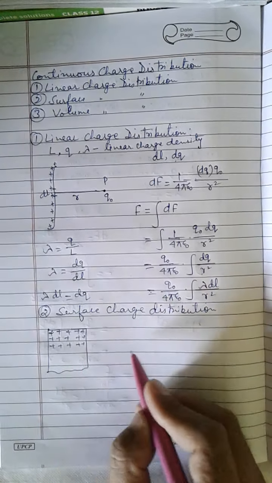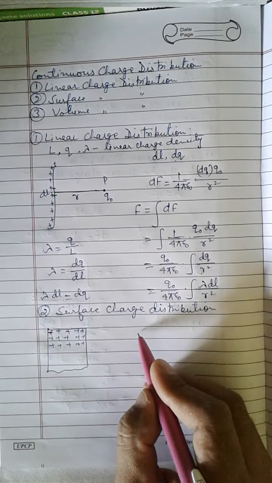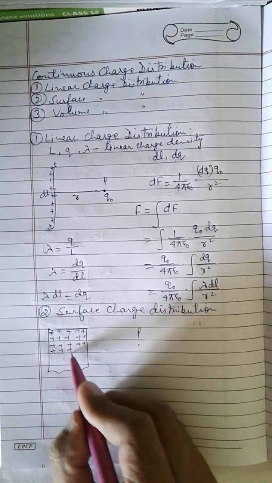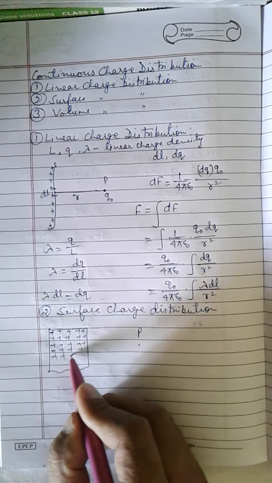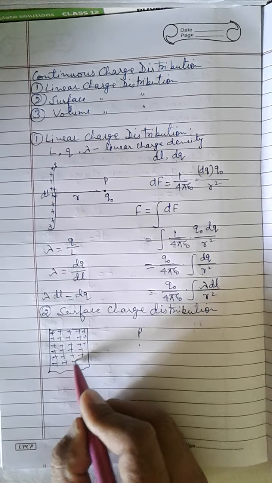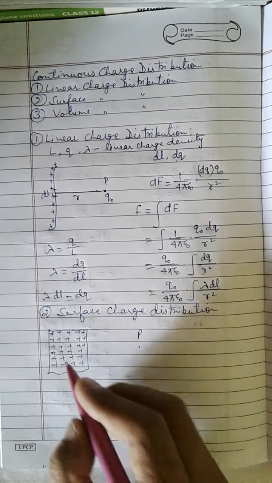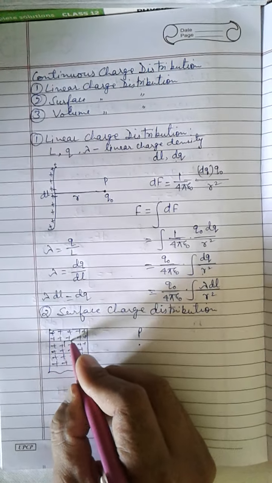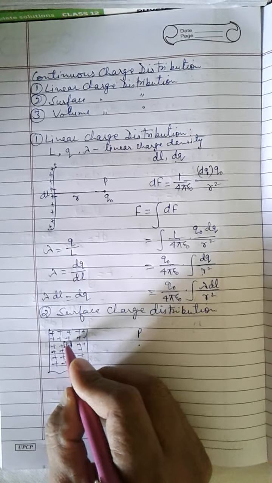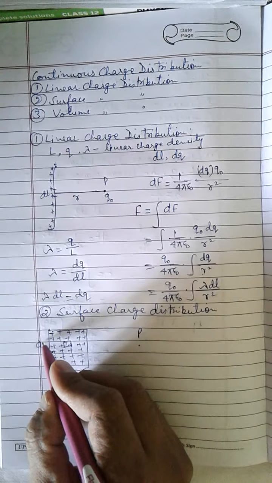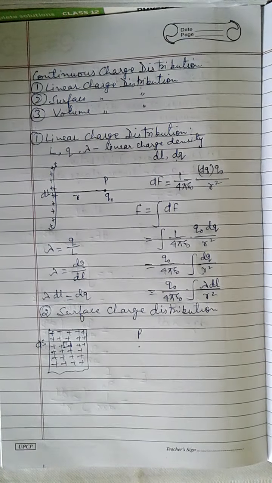Then we want to find the force at any point P from this surface charge distribution. Again, we don't have any direct formula. What we'll do, we will take a very small element, which has very small area, ds or dA, whatever.